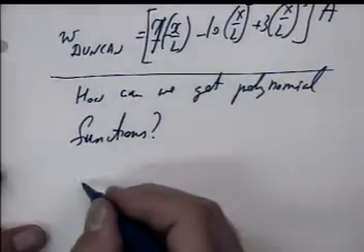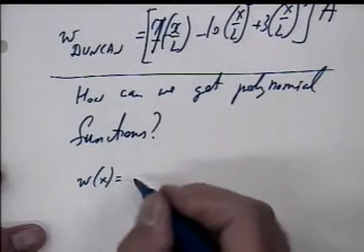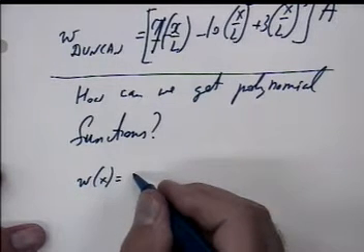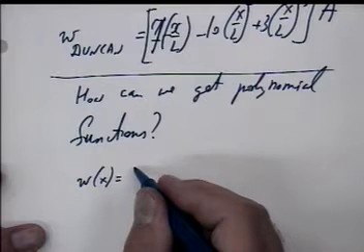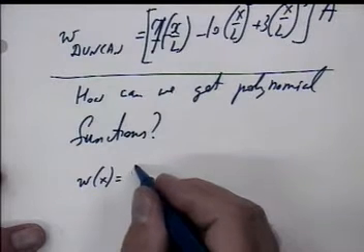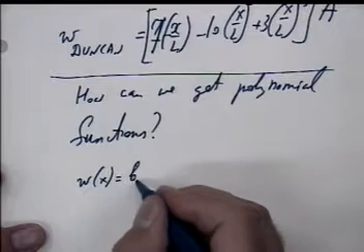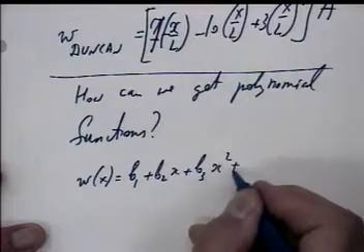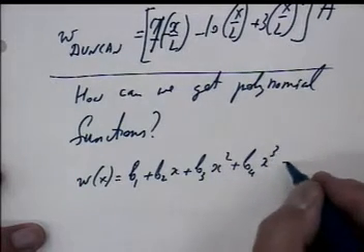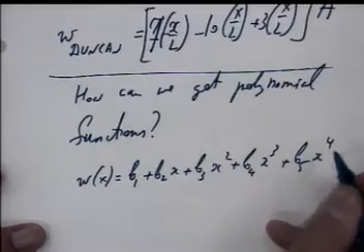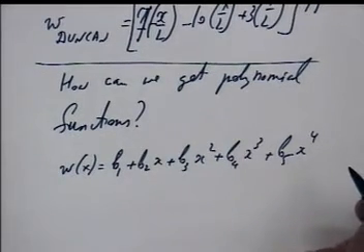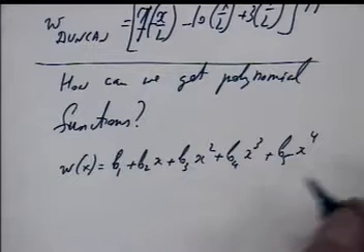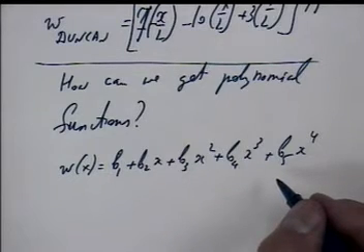So I thought, look, let us start with w of x equals, say, b1 plus b2x plus b3x squared plus b4x cubed plus b5x to the fourth power. That is a polynomial of fourth degree. Do you have any questions at this moment?